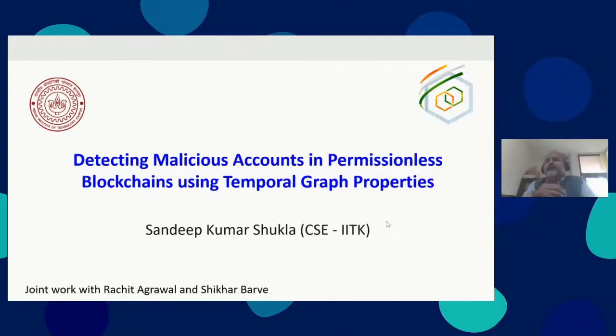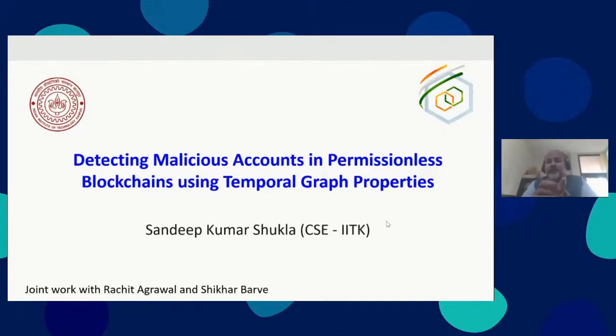They're doing various phishing activities on the blockchain, and also they're floating malicious smart contracts and then engaging people to use them, and thereby creating various kinds of activities. And also money laundering is another activity that we are seeing.